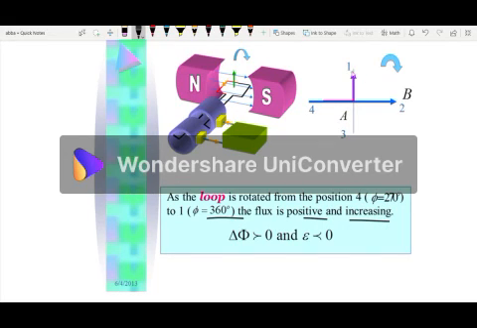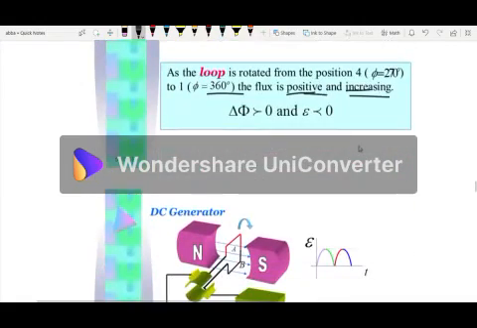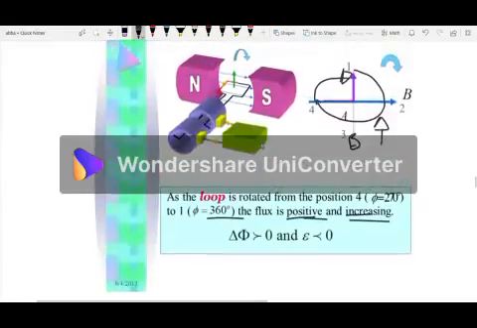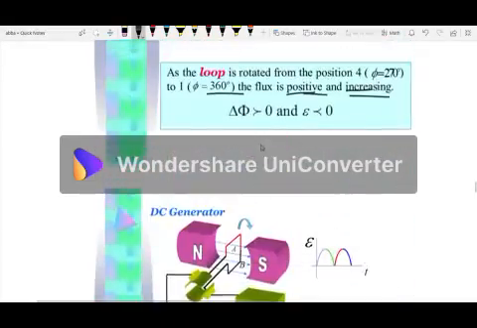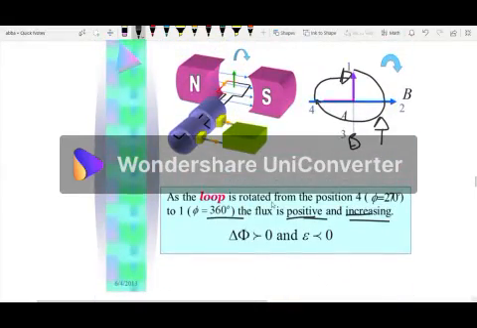The moment it moves from this point to this point, this is 270, and it passes to this point here, the flux B is positive and increasing.